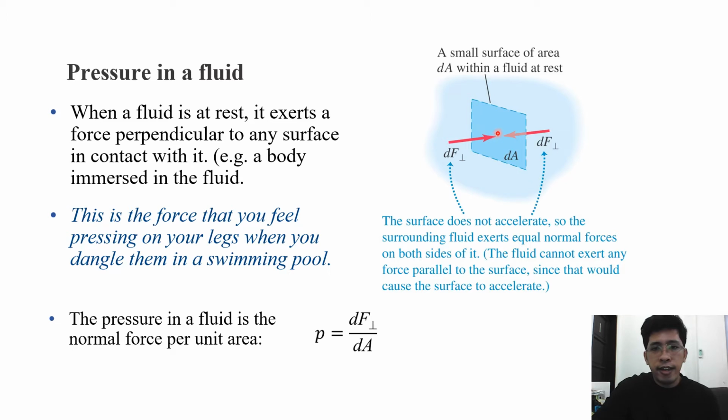You have this area here, and the fluid exerts a perpendicular force on this area dA. Another segment of this area is at the back, at this point here. The fluid also exerts a force on this side of your surface area.